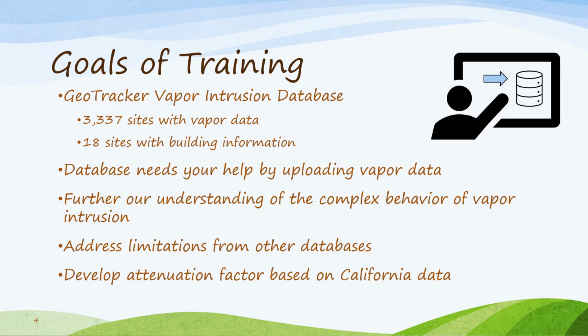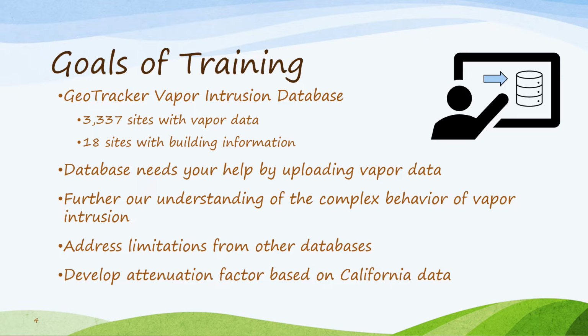For decades now, GeoTracker has been accumulating vapor data. We have 3,337 sites with vapor data. In 2018, GeoTracker's capabilities were expanded to house more vapor data, which now includes housing building metadata collected during a site's vapor intrusion assessment.